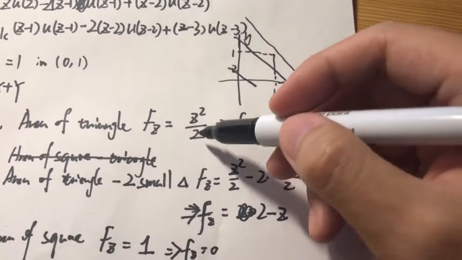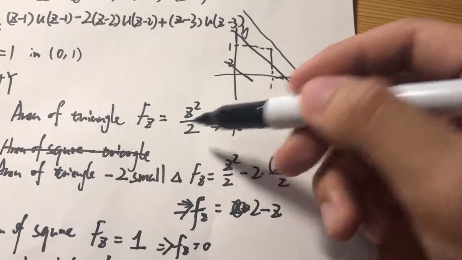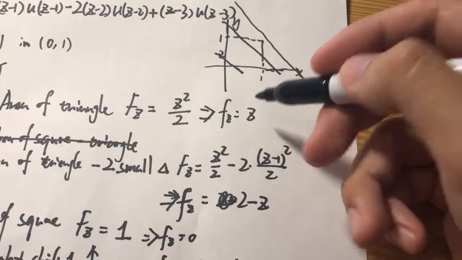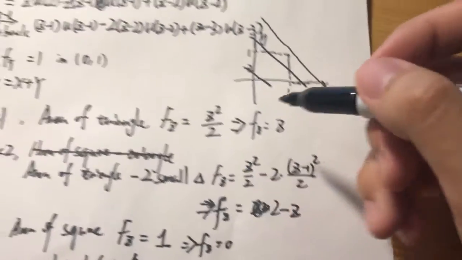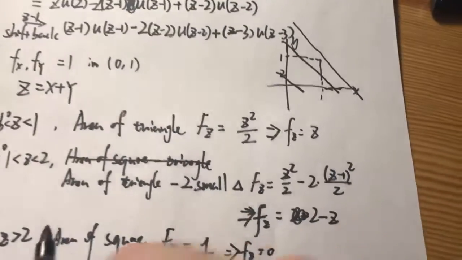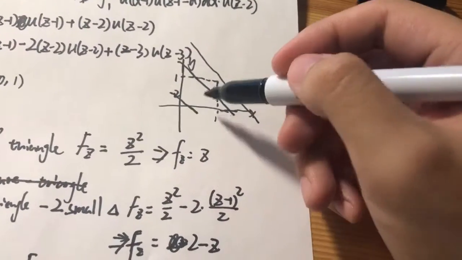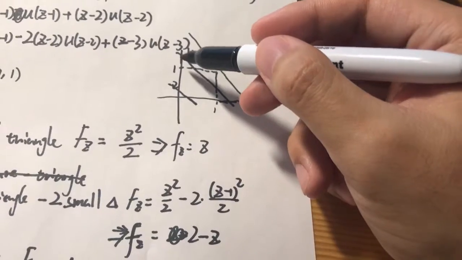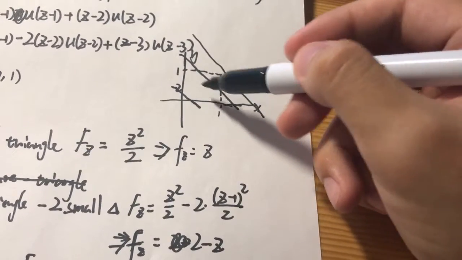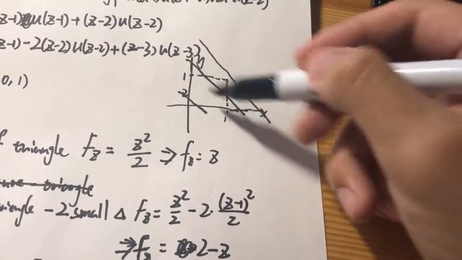So the result is z squared over 2, and we take the derivative. We have the density function, which is z. When z is between 1 and 2, it's this line out here, so the distribution function is the area of the big triangle minus the area of a little triangle.